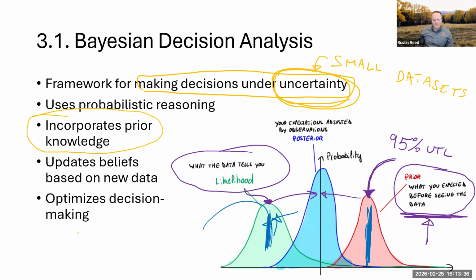The new set of data is over here, and so it's going to adjust where its analysis and its estimation is for our decision statistic, which happens to be the 95% UTL or 95th percentile. So it keeps adjusting its estimation based on new data.